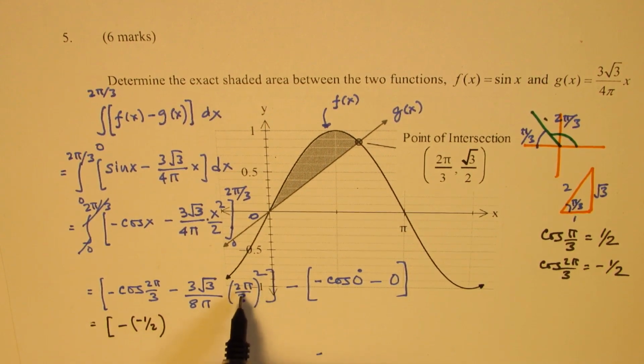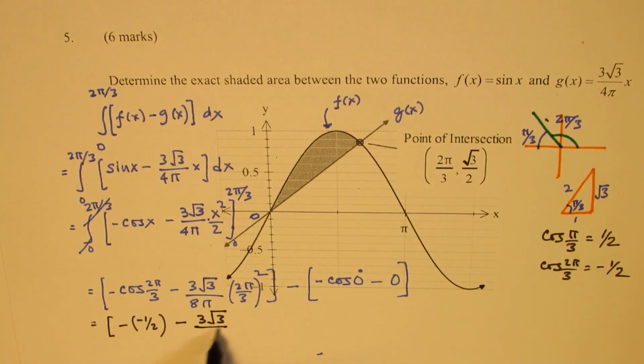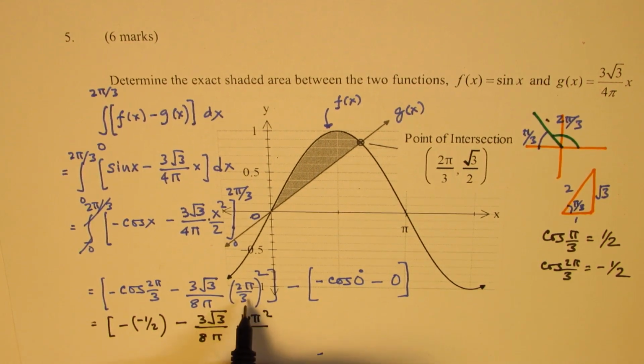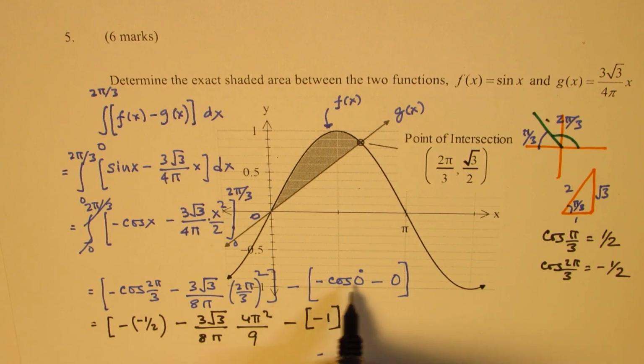And here, when you plug in 2 pi by 3, we get minus 3 square root 3 over 8 pi, and that is 4 pi squared over 9, since 3 squared is 9, right? And minus, we get here minus 1, which is cos of 0, so minus 1. Let's put this in brackets. So that's what we have, right?